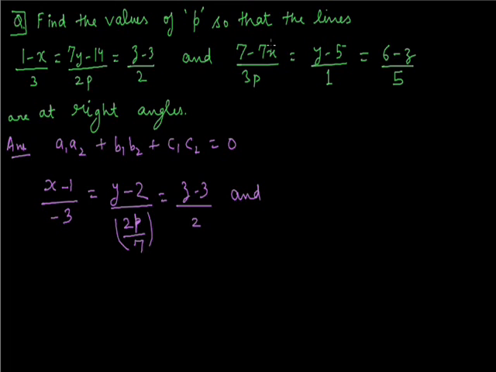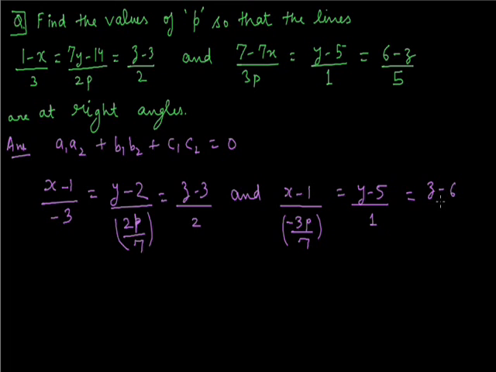In the second part, we will divide the numerator and denominator by minus 7. So it will become (x minus 1) upon minus 3p upon 7. And here it will be (y minus 5) upon 1, same as it is. For this, we will multiply numerator and denominator by minus 1.